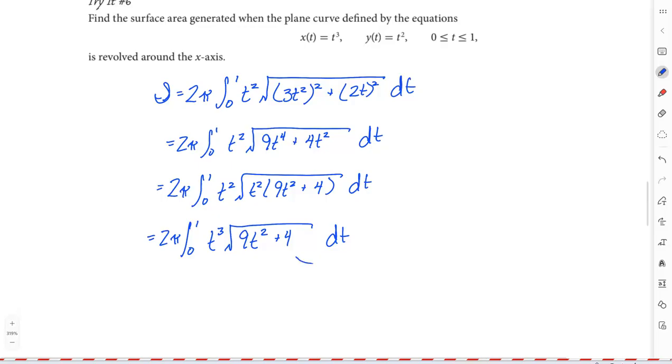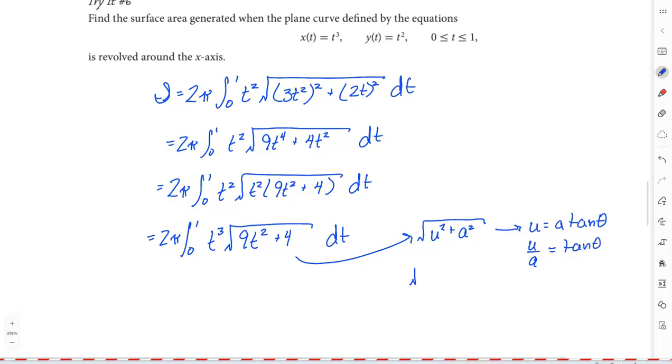So I think we could integrate this with a trig sub. Let's try it. If we remember back to the trig sub section, we've got u squared plus a squared under the radical, and we're going to use u equals a tangent of theta. So that means u over a is equal to the tangent of theta.